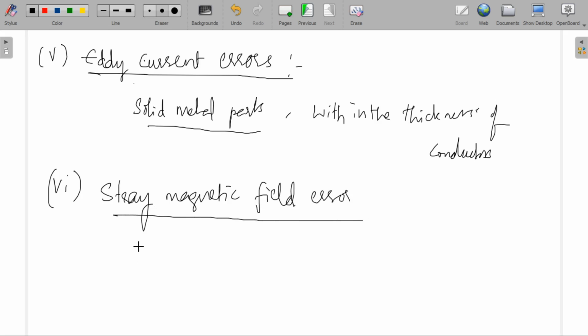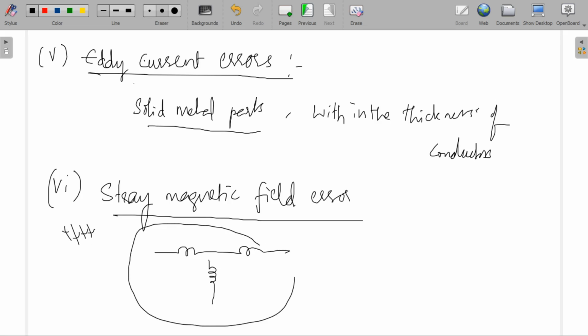What is meant by stray magnetic field error? Error due to the effect of an external magnetic field upon the internal magnetic field of the instrument is called stray magnetic field error. Inside this instrument, a weak magnetic field is present.